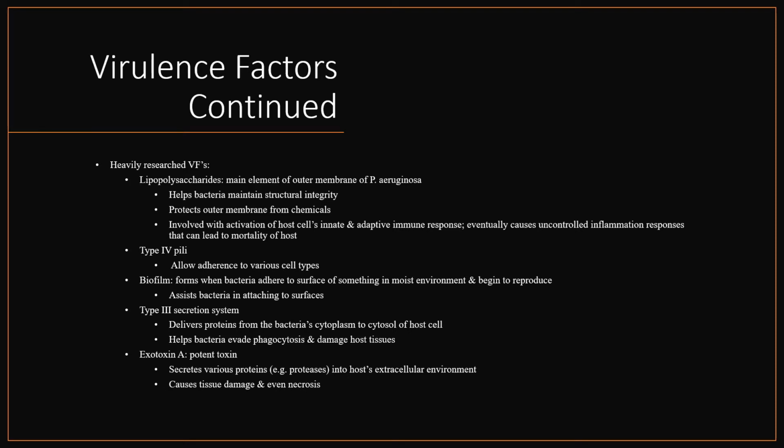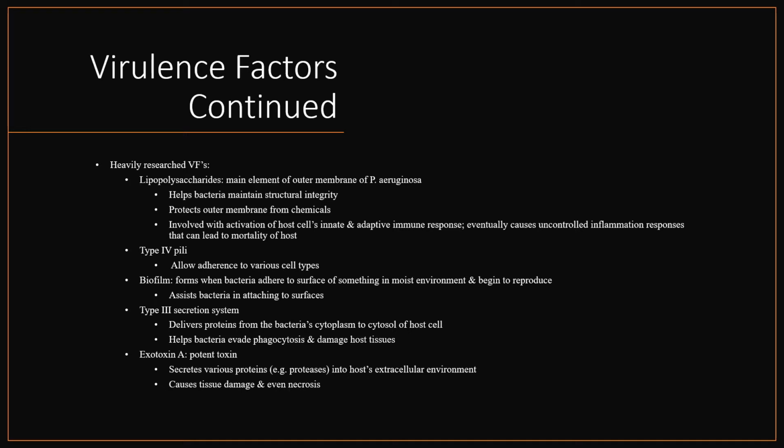They have different secretion systems. This one is a type 3 secretion system. Basically, it helps take proteins from the cytoplasm of the bacteria and deliver them to the cytosol of the host. This secretion system will also help the bacteria evade phagocytosis, and it will even help damage the tissues of the host.